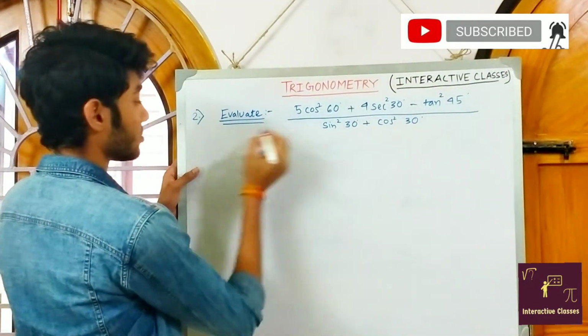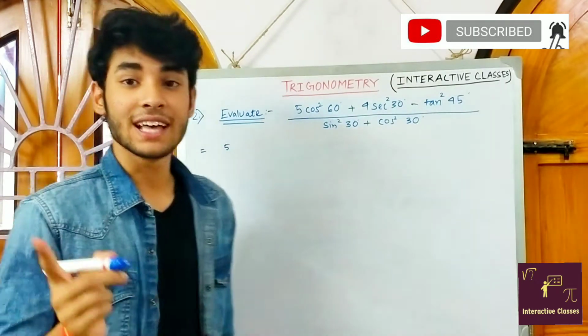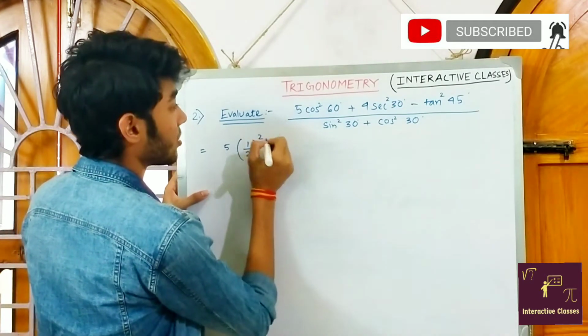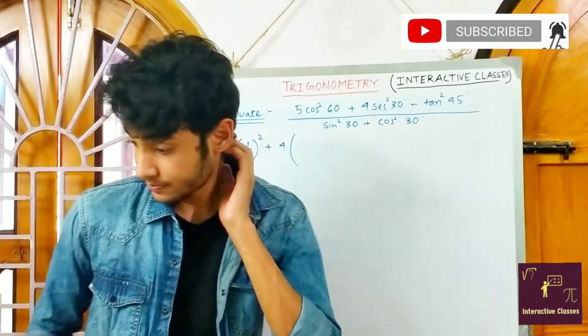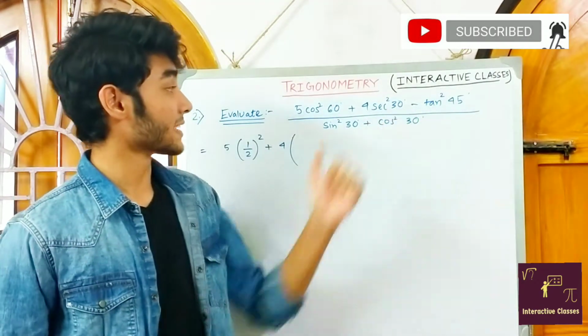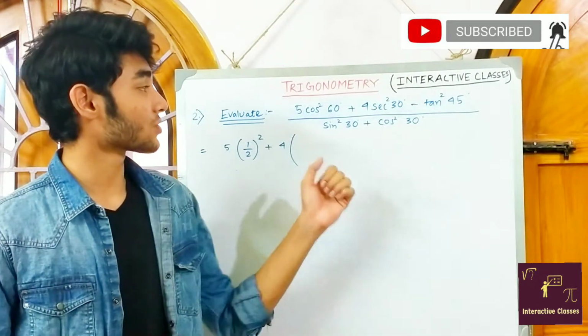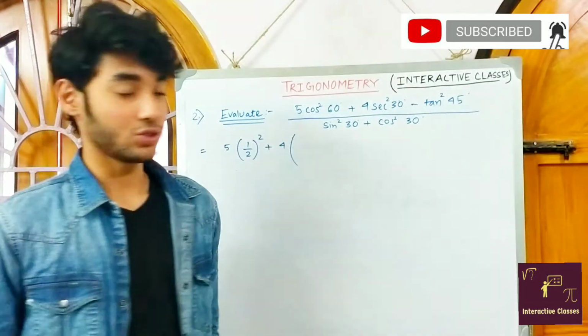We know the value of cos 60 is half. And the value of 4 sec square 30: the value of cos 30 is root 3 by 2, so sec 30 is the reciprocal of it, that is 2 by root 3.